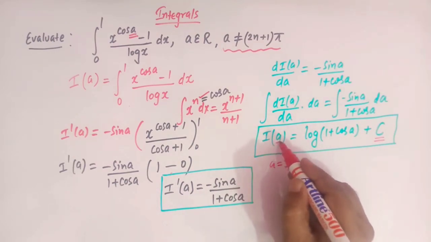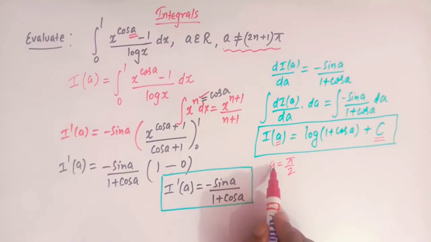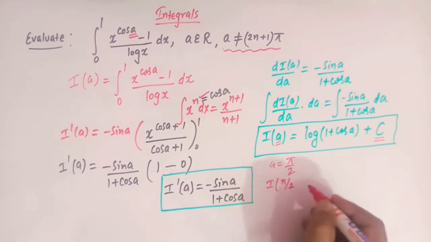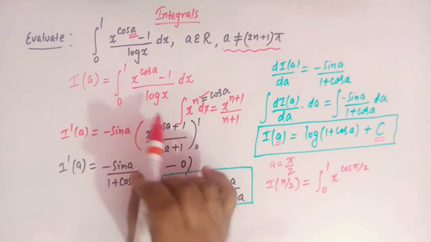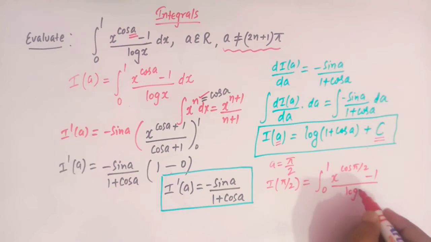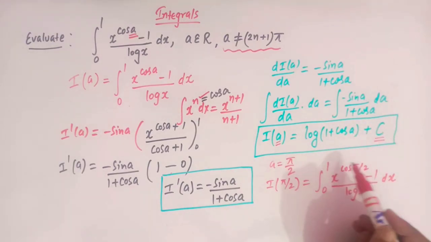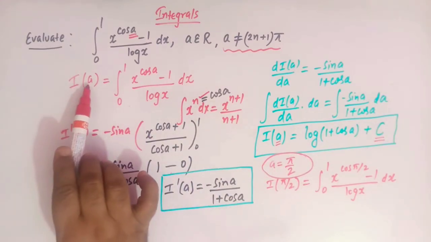So if we assign this a the value pi over 2, then if we substitute this value in this integral, then what we will get, I of pi by 2 is equal to the integral from 0 to 1 of x raised to cos of pi by 2, because a is pi by 2, minus 1 divided by log of x dx, right? So we'll make use of the boundary conditions here. So when a is pi by 2, we'll take this value of a over here to get the value of I of pi by 2, right?